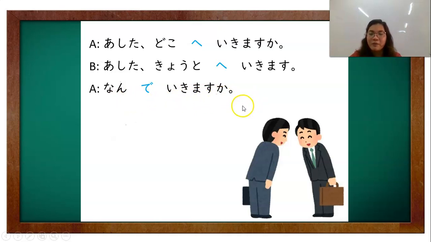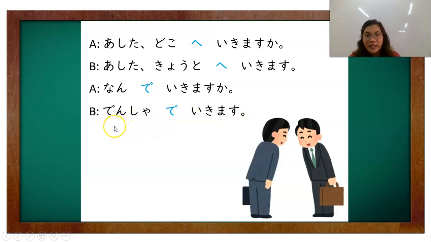Anong sasakyan mo papunta doon? Densha de ikimasu. I will go there by train.